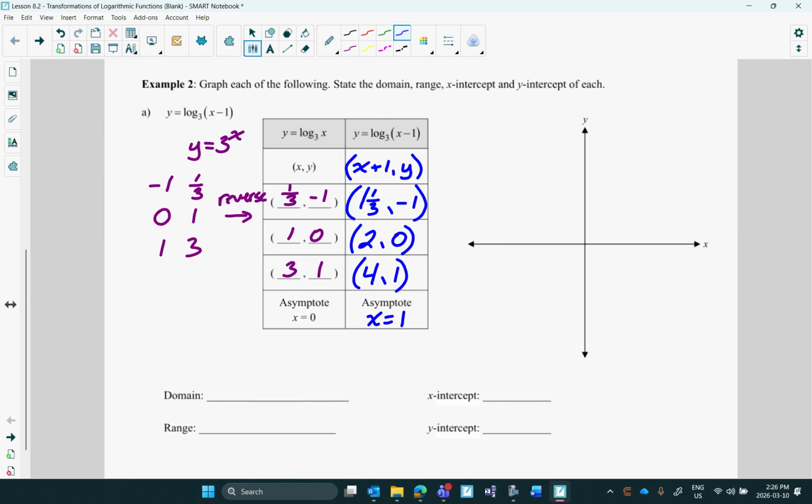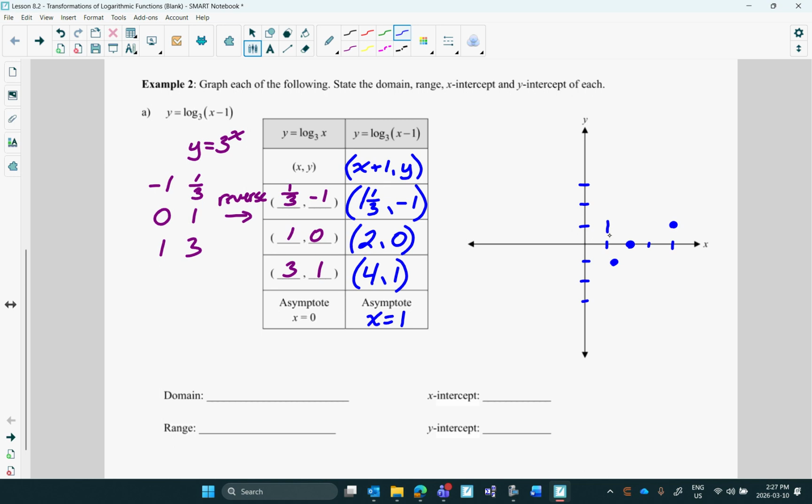So, we only have to put some notches on these axes, and that should be sufficient. So 1 1/3 is about there, -1 somewhere around there, 2, 0, 4, 1.